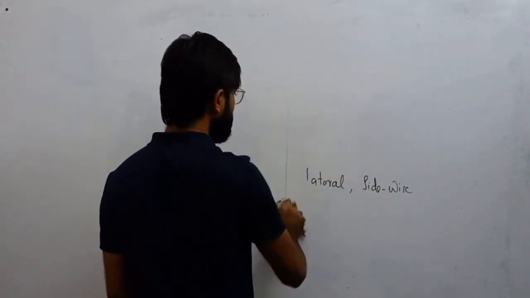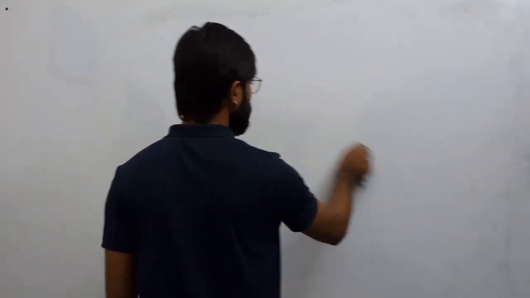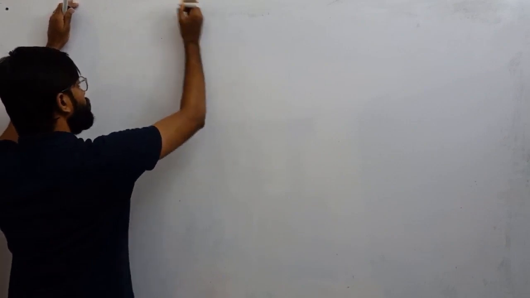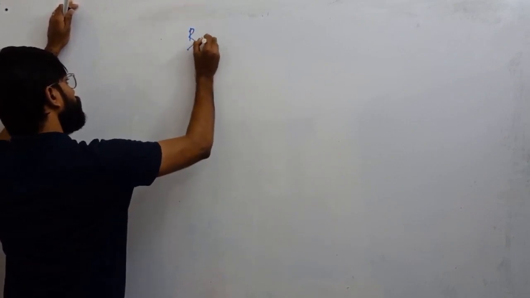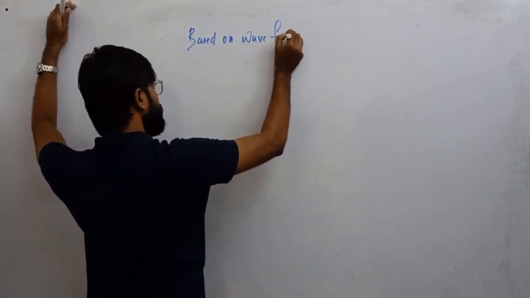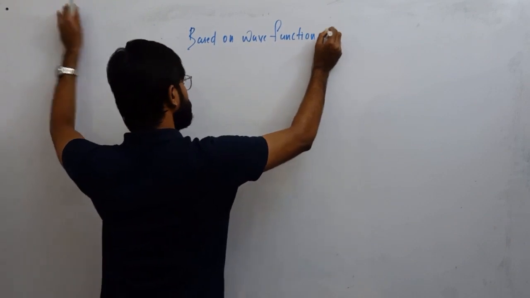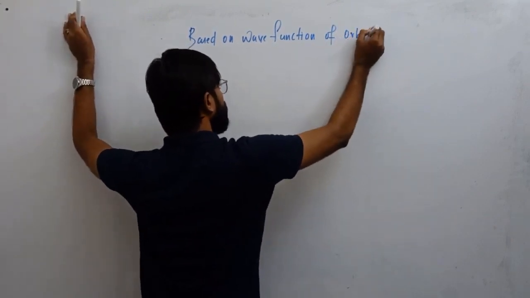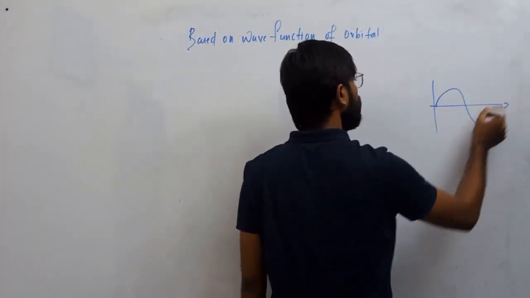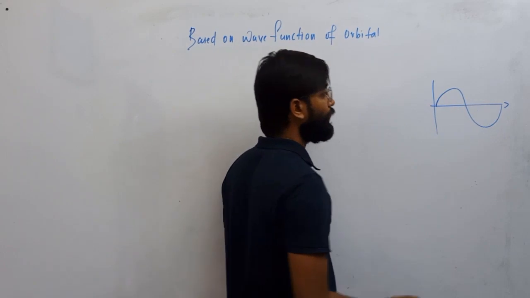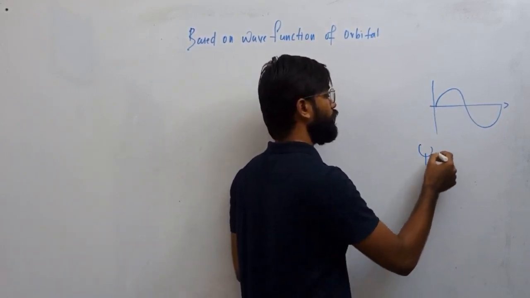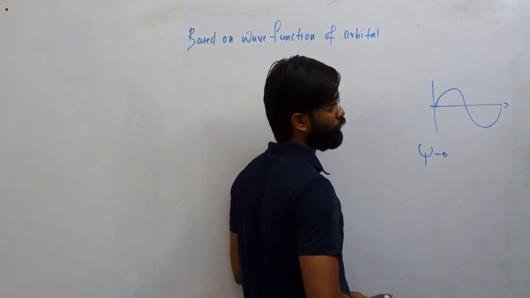One more idea is there: there are different types of overlap based on the wave function of the orbital. We know that psi, the atomic orbital, represents the electron wave.